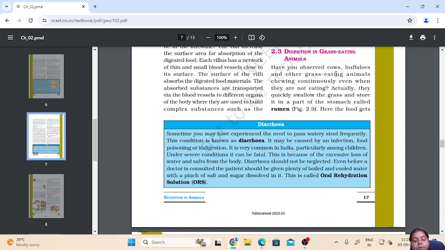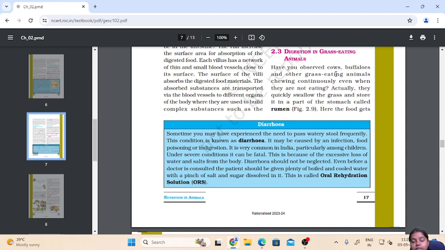It may be caused by infection, food poisoning or indigestion. It is very common in India, especially among children, and it can be fatal. So if one is suffering from diarrhea, one has to consult a doctor on time.